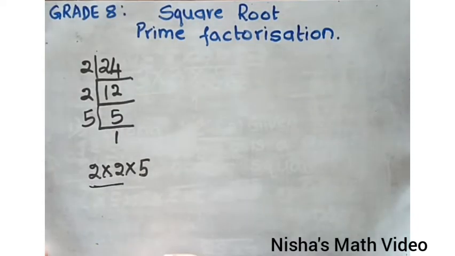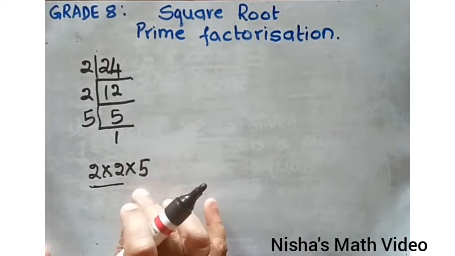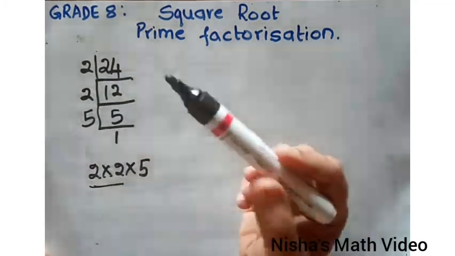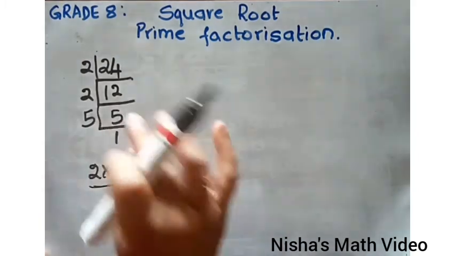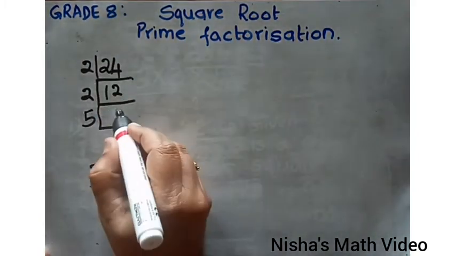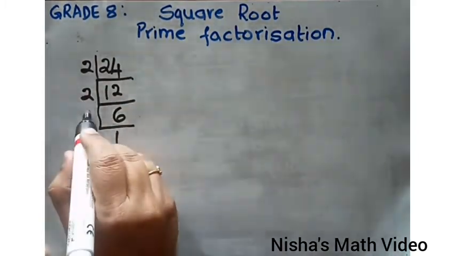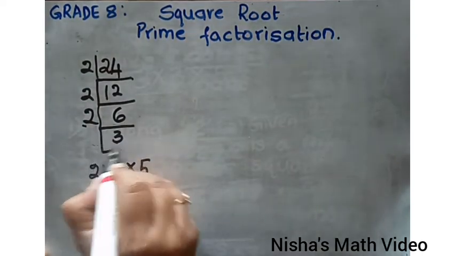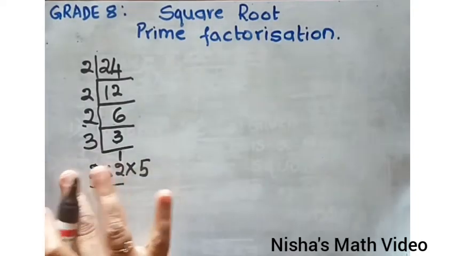One number is missing here. In such cases, first you should see whether you have gone wrong anywhere in prime factorizing. Yes, here it was wrong, isn't it? So 2 sixes are 12, 2 threes are 6, 3 ones are 3. Now we are done with this.